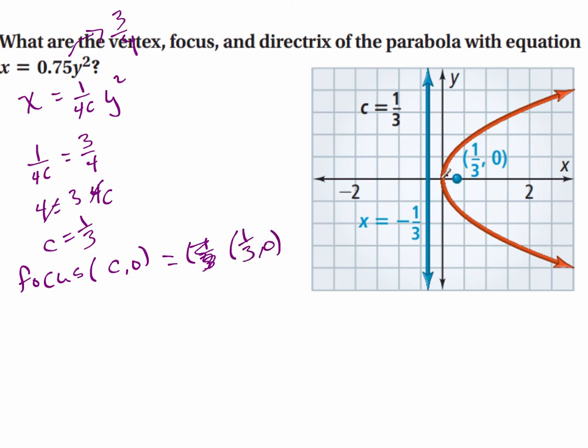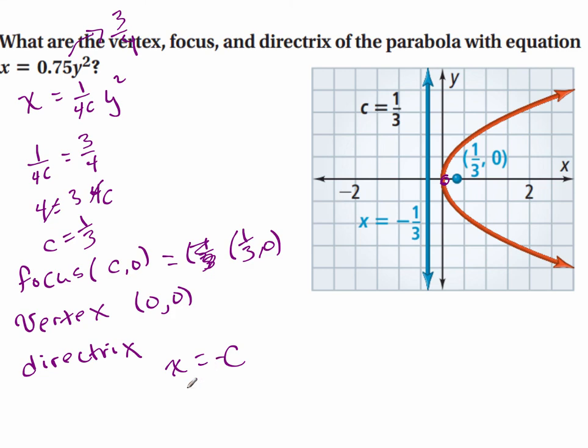I already said the vertex is (0, 0) because I don't have any plus or minus h, k in there. So the directrix is x equals minus c. So in this case, x is equal to minus 1/3.